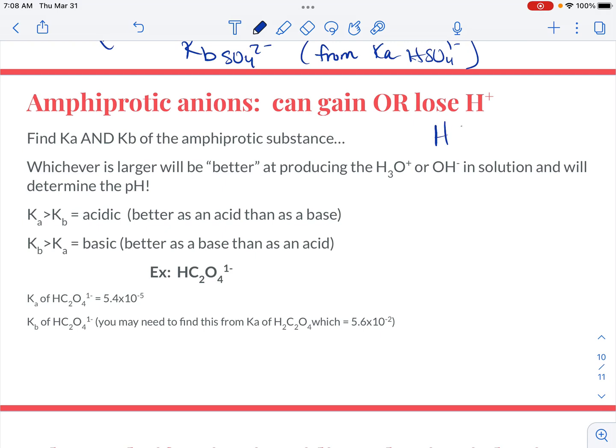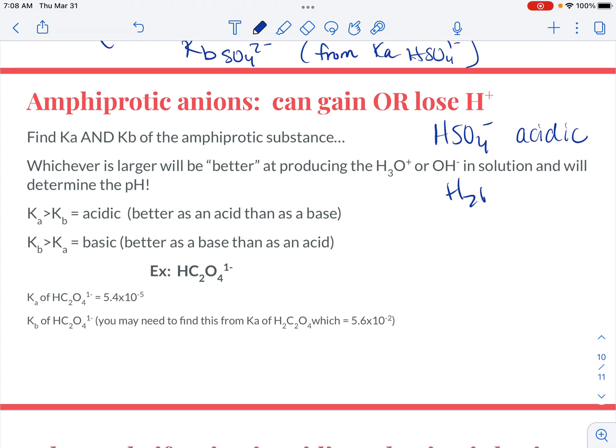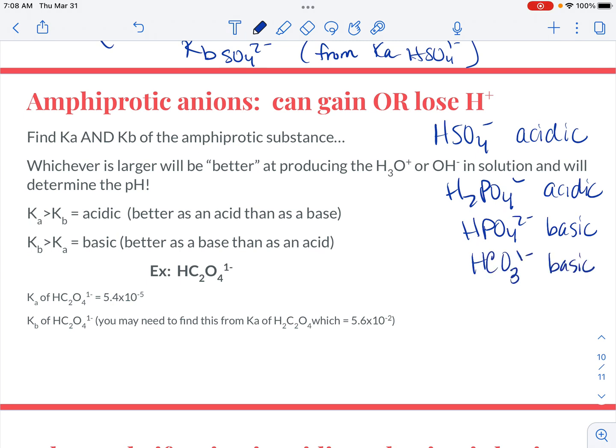You should probably know that HSO4- is acidic, that H2PO4- is acidic, and that HPO4 2- is basic, and that bicarbonate, HCO3-, is basic. You should probably know these. These are ones that you encounter a lot. So even without knowing the Kas and the Kbs, you should probably know that.